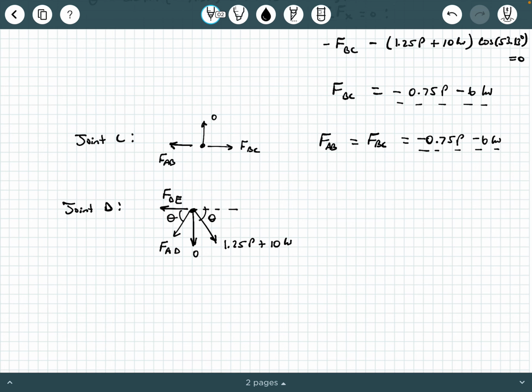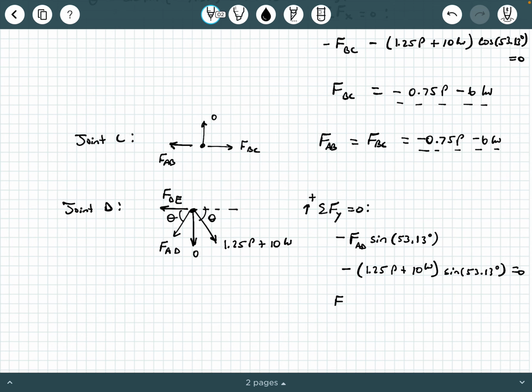Okay, so we're going to say sum of the forces in the y direction equals 0, and we're going to write negative FAD times the sine of 53.13 degrees, minus the quantity 1.25 P plus 10 kilonewtons times the sine of 53.13 degrees, all equals 0.